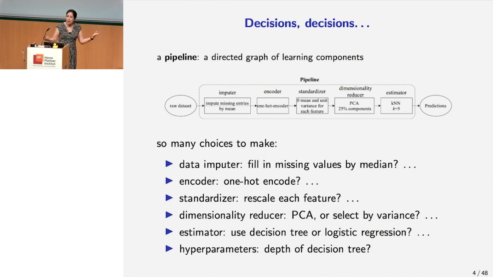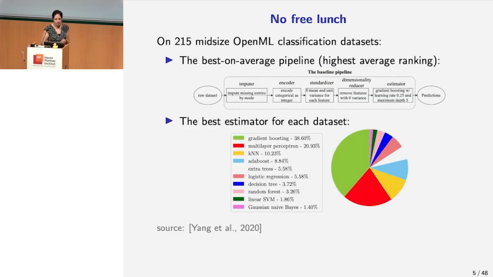How are we going to make all these choices? Well, not by doing it by hand, okay? Not by trying all the models. We're going to do it with automated machine learning. Why is this worth doing? Why not just use the same algorithm for everything?